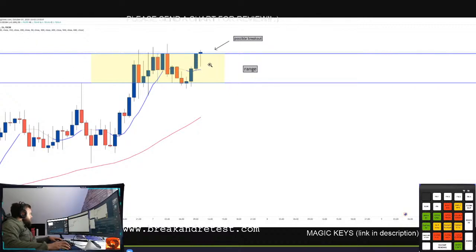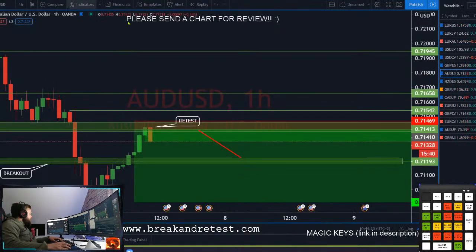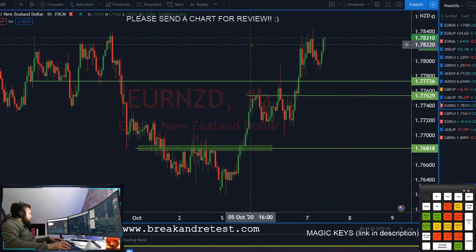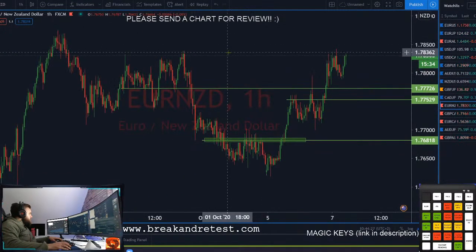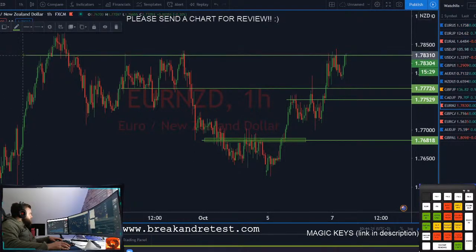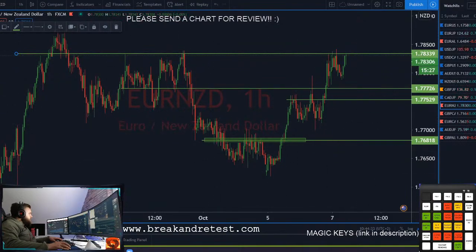Euro NZD. Possible breakout above resistance. I'm gonna take a look at Euro NZD in my chart just to see a bigger picture. Yeah, it looks good. Because I see also these candles on the left here rejecting the same level.